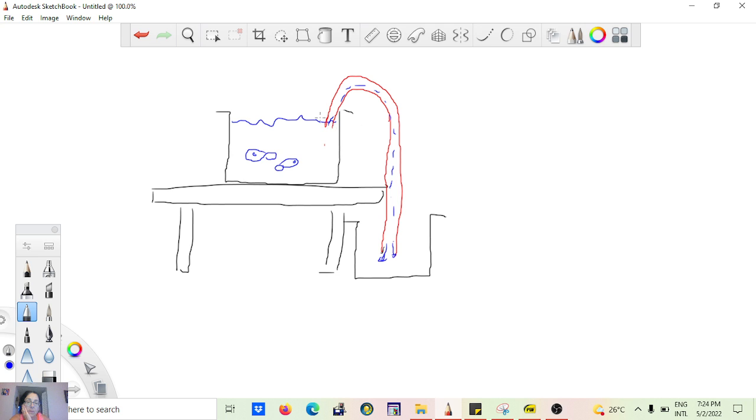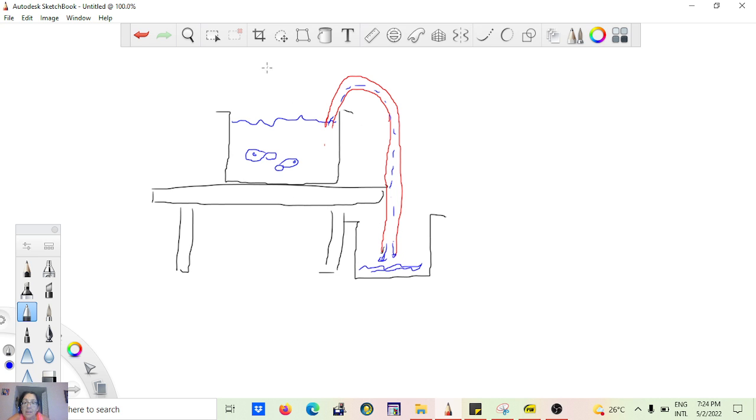Because the water can push up to 10 meters, remember? As long as on the other side, to begin with, you make the vacuum first, right? So once you have the vacuum, then the water will be able to push out, right? So you're going to fill your container there.